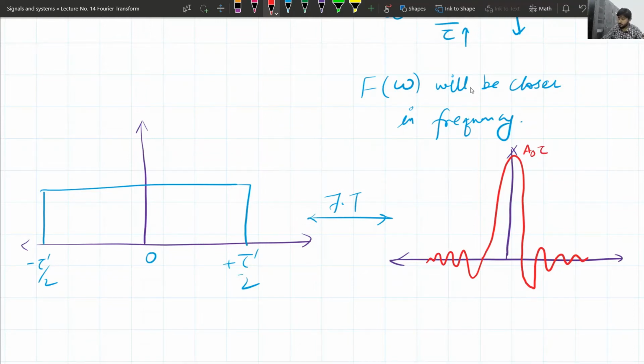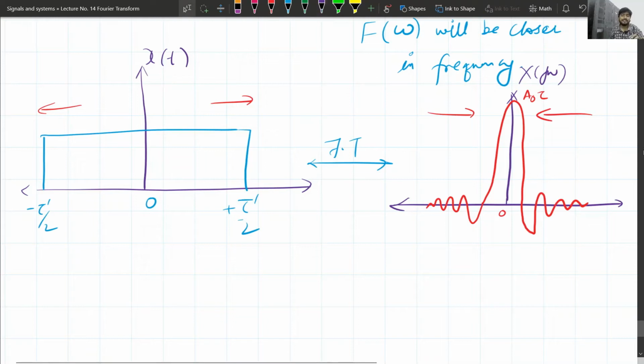You can see expansion in time domain, but there is a contraction in the frequency domain.